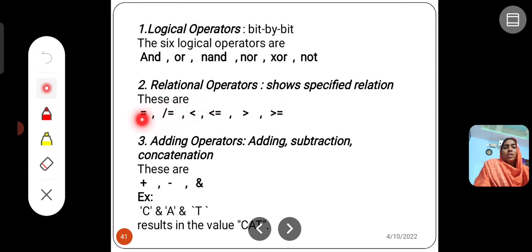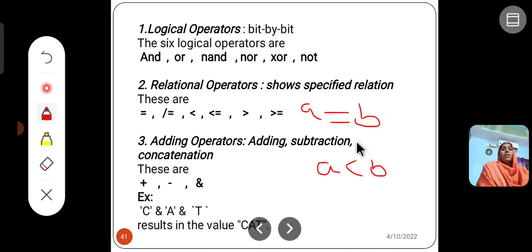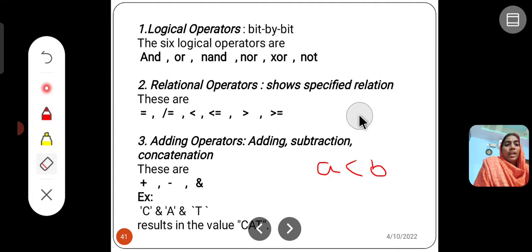These are equal to, not equal to, less than, less than or equal to, greater than, and greater than or equal to. So A equal to B, or A is less than B. These are examples of relational operations. Here A is equal to B, here A is less than B.